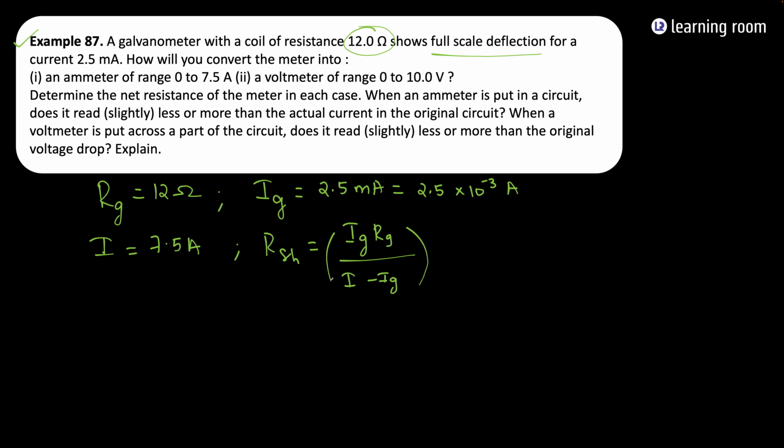Ig is 2.5 into 10 power minus 3, Rg is 12, divided by 7.5 minus 0.0025.